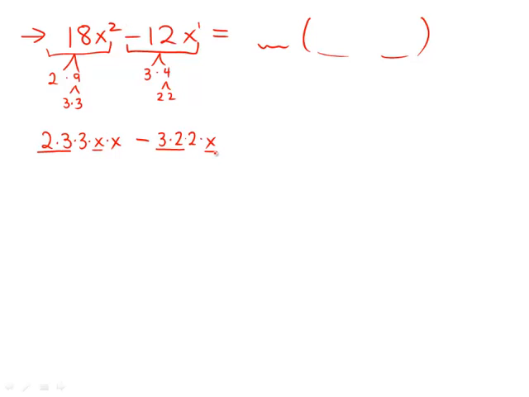Well, only 1 is common to both. So that tells us that 6x can be taken out. 6x is called the greatest common factor because it is the biggest term that will divide both 18x squared and 12x.